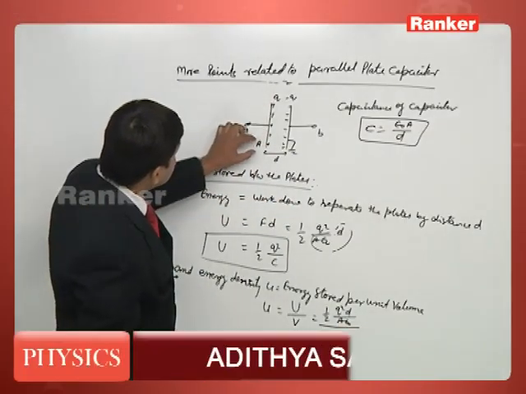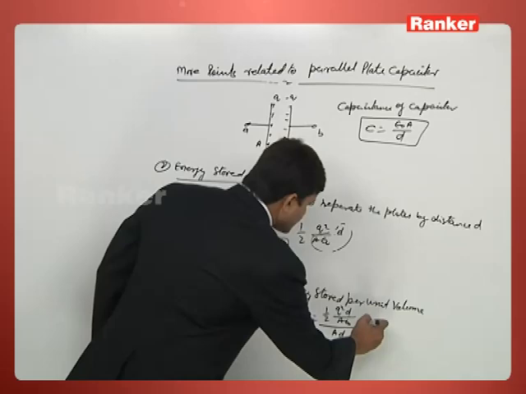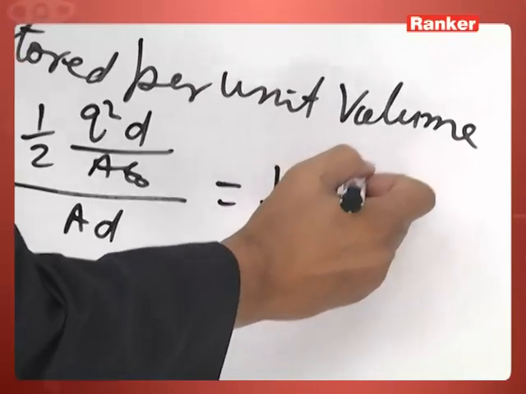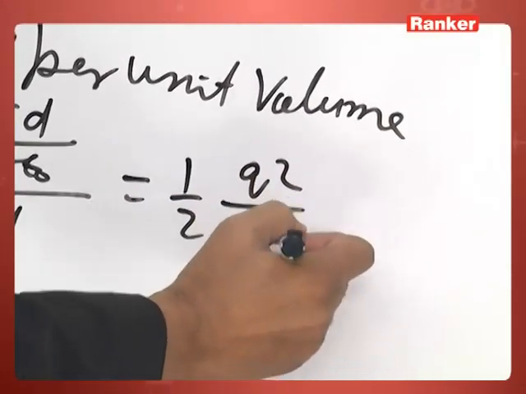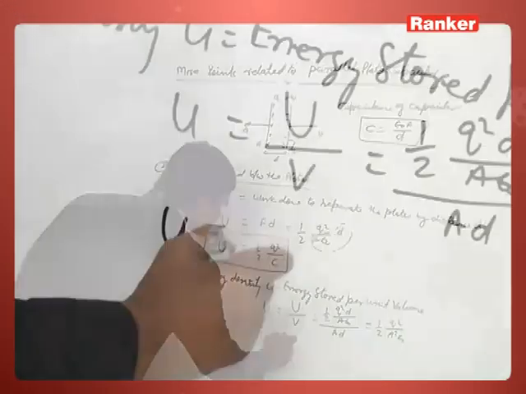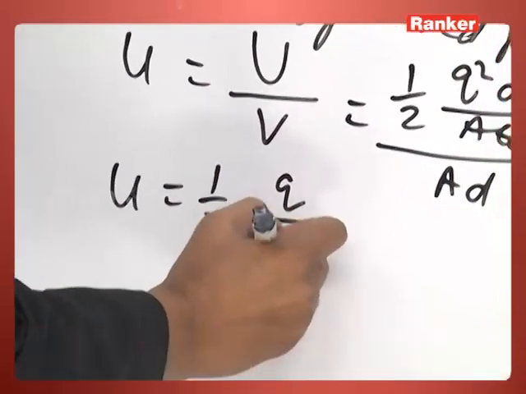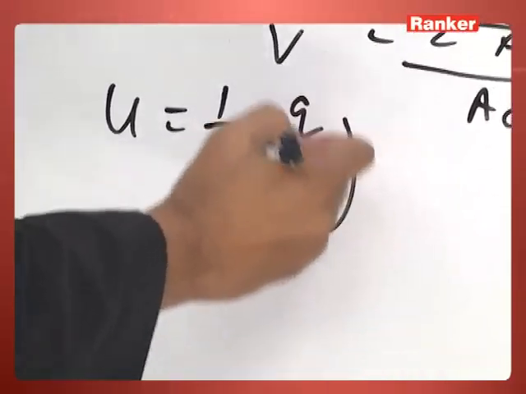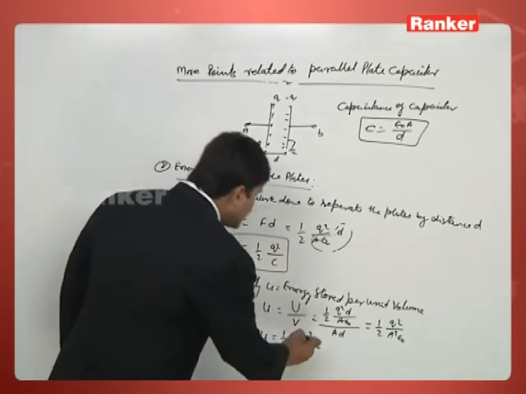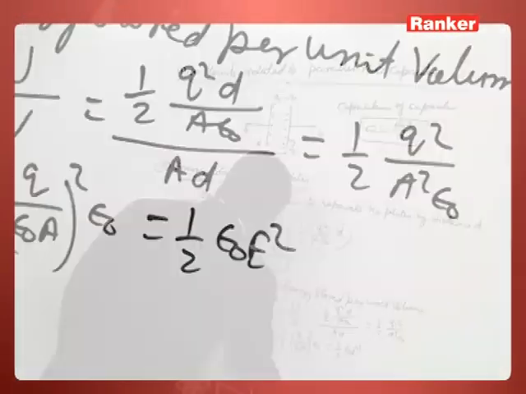The volume of this part is A into D. So this is half Q square by A square into epsilon naught. That further is written as half Q by epsilon naught A, whole square, into epsilon naught, and this is the energy stored in an electric field.